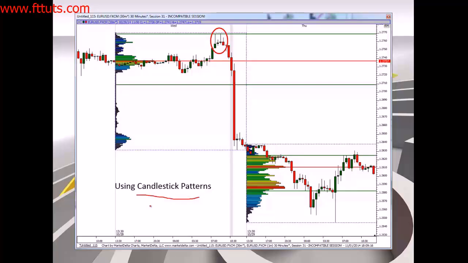They can be very powerful analytical tools, and they are in fact helpful. Now take a look at how the profile enhances the information that we gather and get from candlesticks.